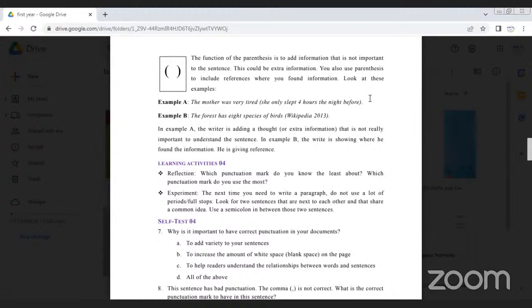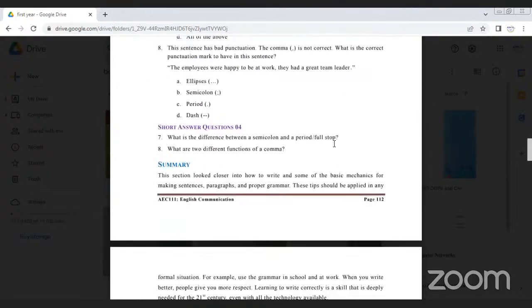And this is the extra information about the mother: She only slept 4 hours the night before. In example B, the writer is showing where he found the information. The forest has 8 species of birds. Okay, here he is giving references. Wikipedia 2013.